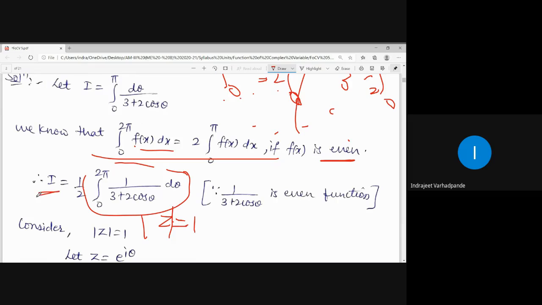The original integral I is converted to half multiplied by the whole integral. So in the end, whatever answer comes, what do we multiply it by? By half. Because now I will focus on this integrand as f of z over closed curve C by substitution of d theta as well as by substitution of cos theta. Done? Clear up to this?